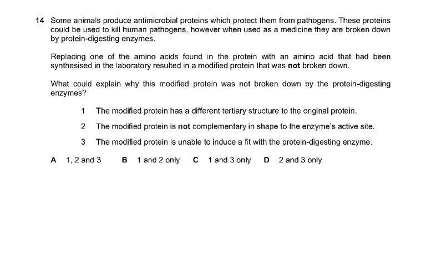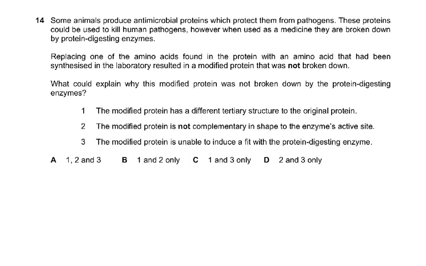Why was that? Why did pepsin not work on it? So then you have to think, how does pepsin work? The substrate has to have a complementary shape to the active site. So what could explain why this modified protein was not broken down by the protein digesting enzyme? Number one, the modified protein has a different tertiary structure than the original protein, right? The modified protein is not complementary in shape to the enzyme's active site. That's why that enzyme is not working on it. The modified proteins are unable to induce a fit with the protein digesting enzyme.